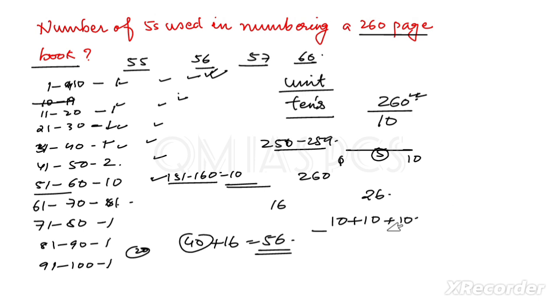So here it is 30, and adding this, it will be 56. You can add like this or like the other way, whichever is easier for you. Is it easy or not?